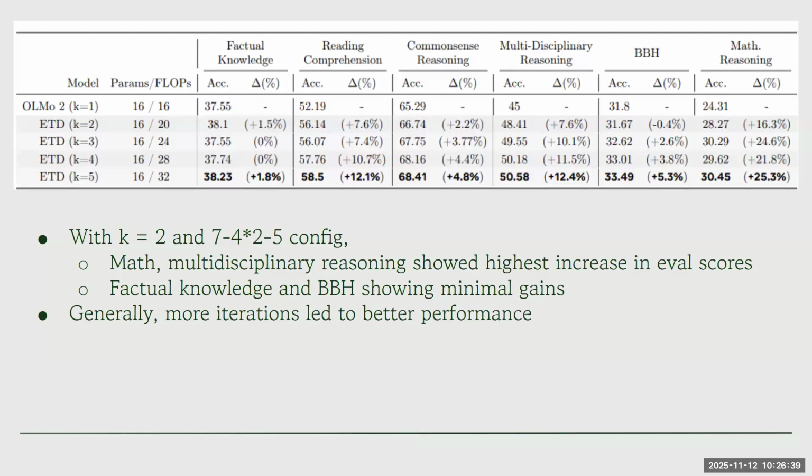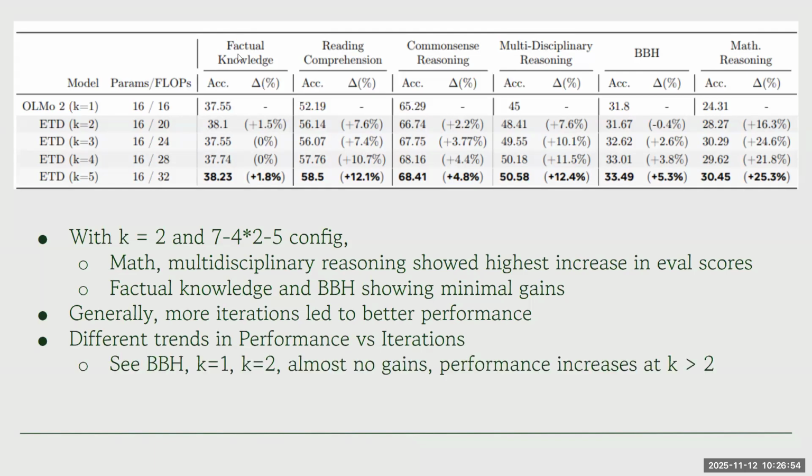General trend: with more iterations, with more Ks, you have better performance. But the authors also noted an interesting trend when taking performance against iterations. For example, on the BBH benchmark, K equals 1 and K equals 2 give almost no gains, but then you start having an increase from K equals 3, 4, 5.